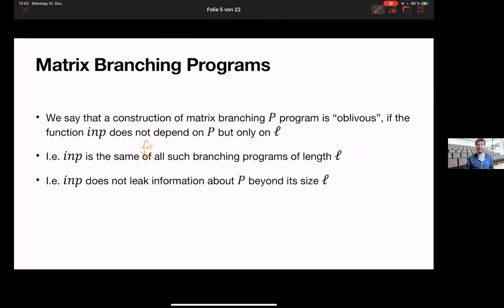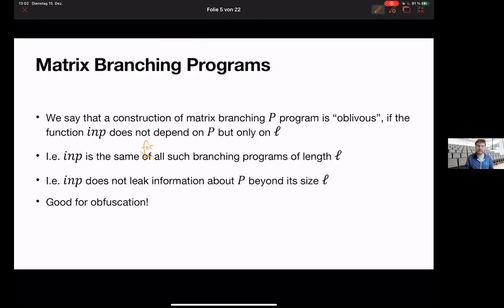And the great thing here is that for such oblivious matrix branching programs, imp does not leak information about P beyond its size. And if we remember what we're trying to do here, this is great for obfuscation, right?